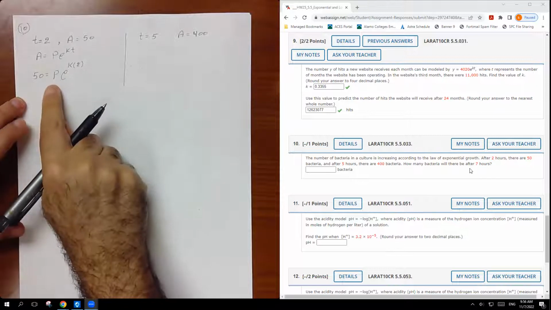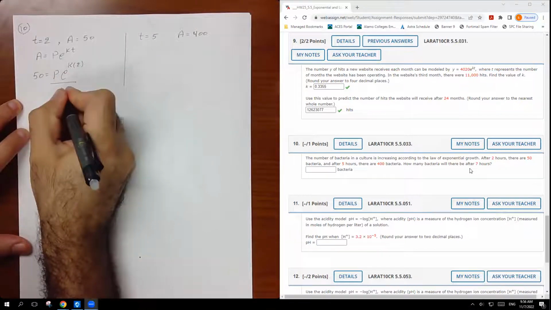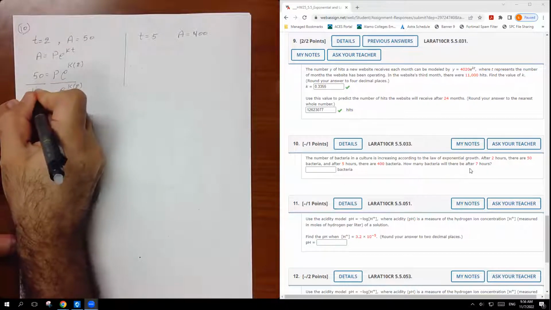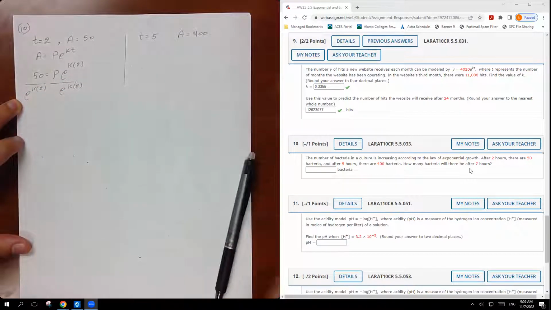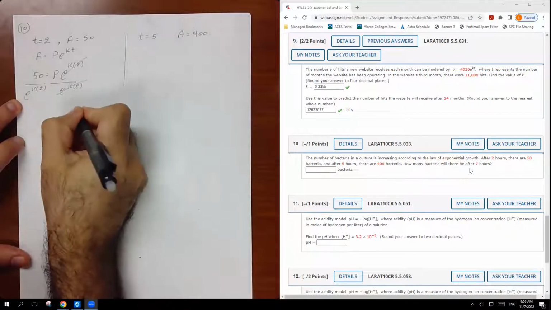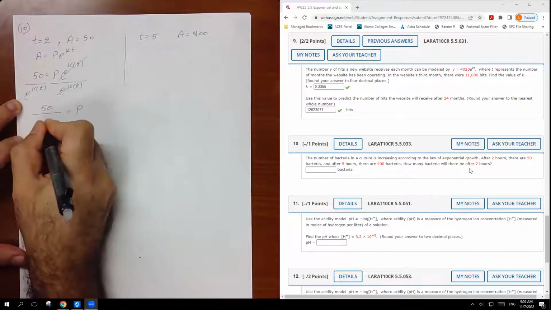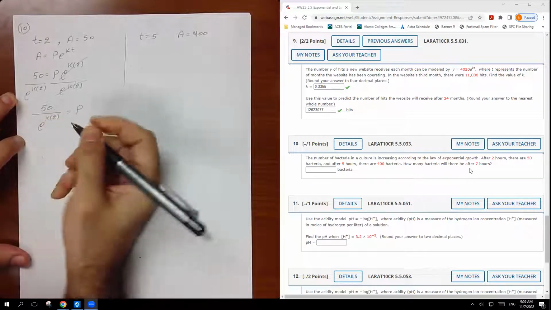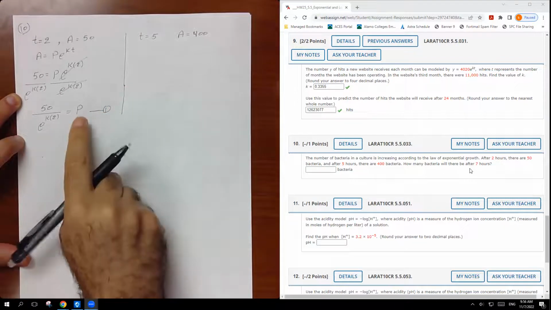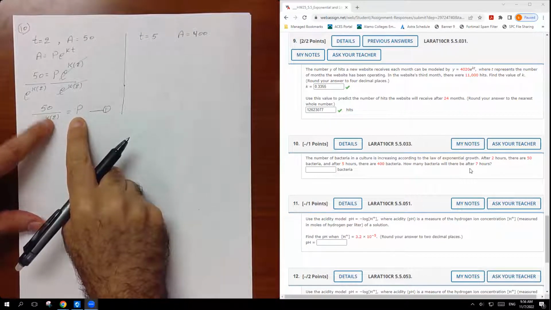Now I'm going to solve it for P. That means divide both sides by e^(k·2), so cancel here from both sides. That means P is going to be equal to 50 divided by e^(k·2). So this is the first equation. That means my initial value is going to be 50 divided by e^(k·2).